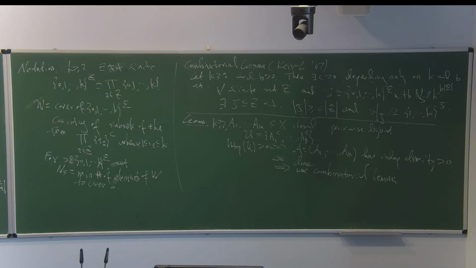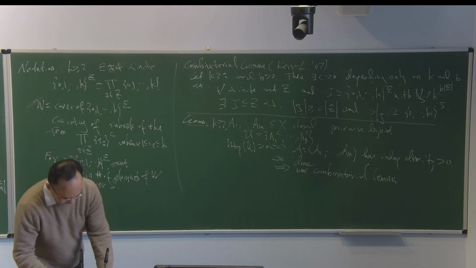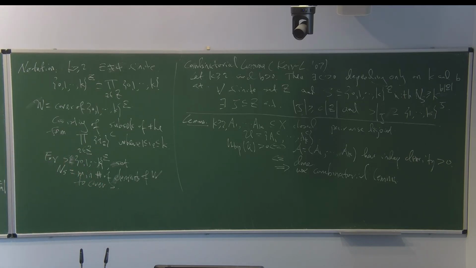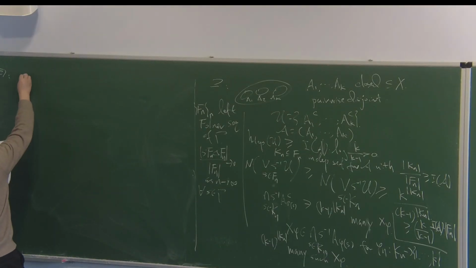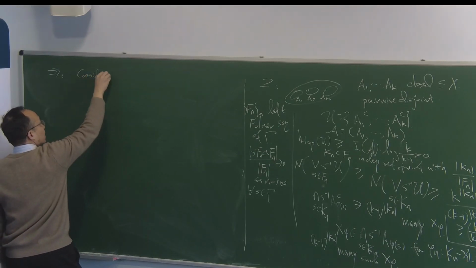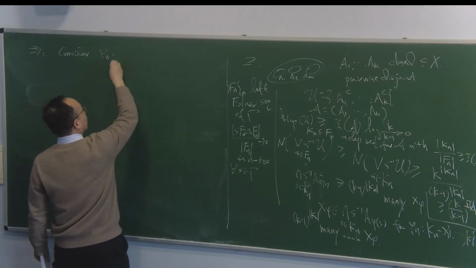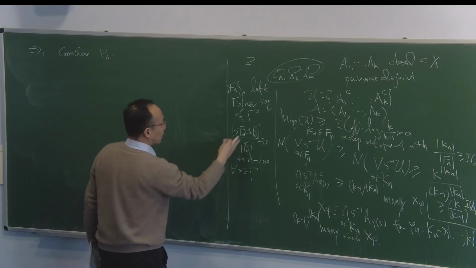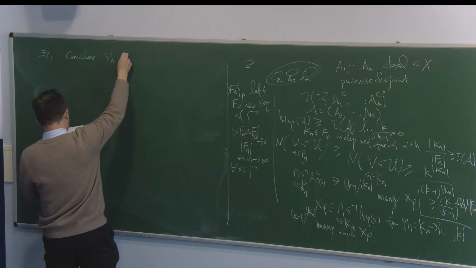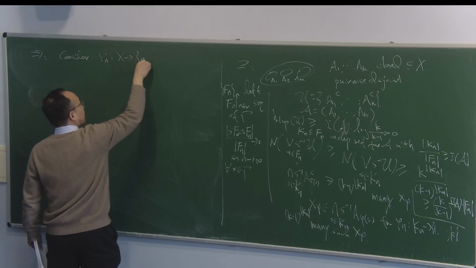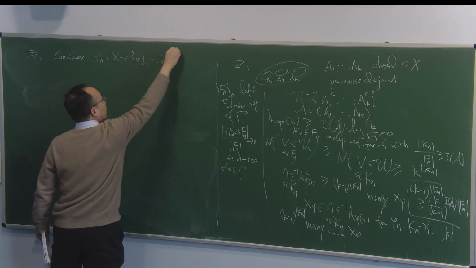So for the other direction, for the lemma, what you do is the following. We consider a map for each n, for each finite set, from X to {0,1,...,k} to the Fn.